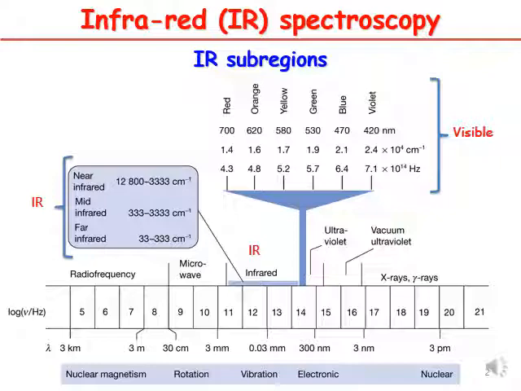Like for the near infrared, about 12,800 until 3,000 per centimeter. So this is what we refer to as the wave number, and I hope that you know the relationship: wave number equals 1 over wavelength.